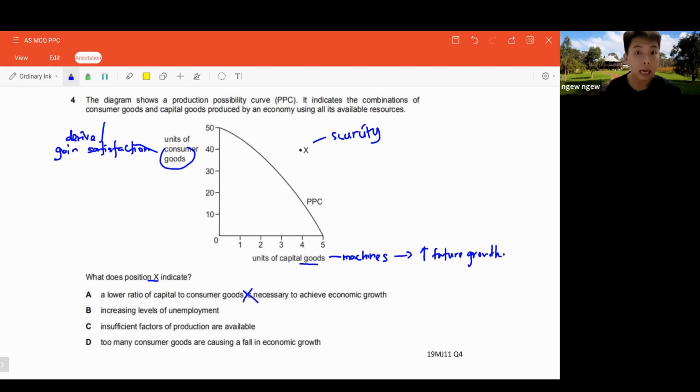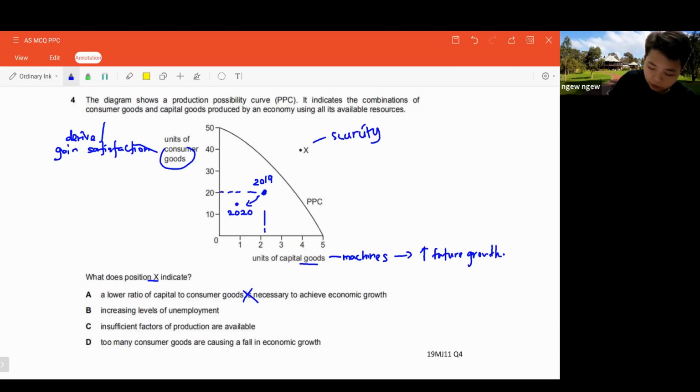And B, increasing level of unemployment. Now, unemployment happens when you are not fully utilizing your resources. Increasing unemployment is shown unless, let's say in 2019, you are here, producing at this much. And then in 2020, you are here.